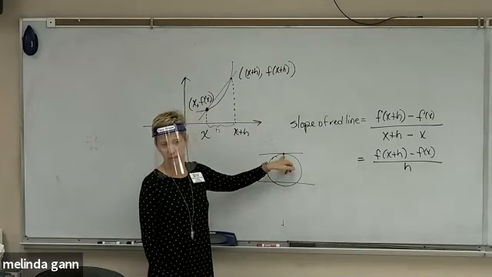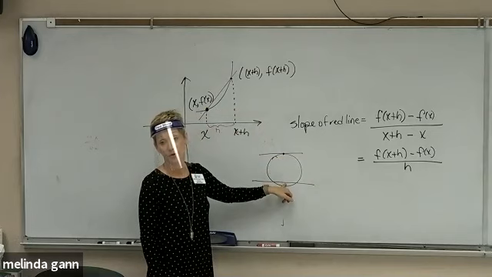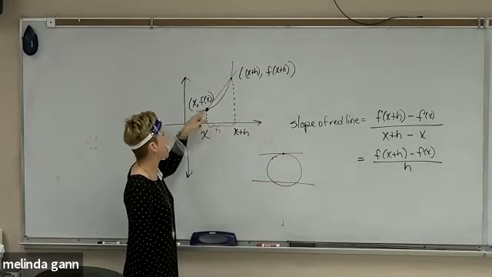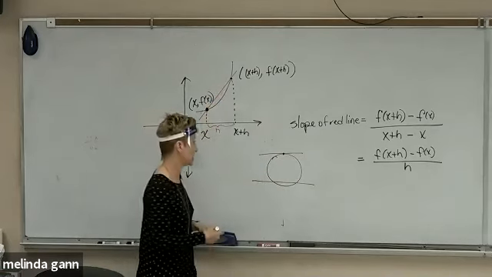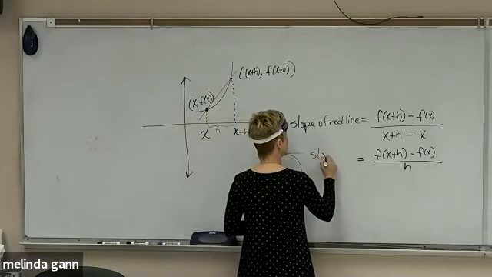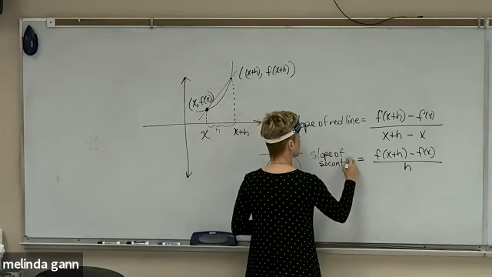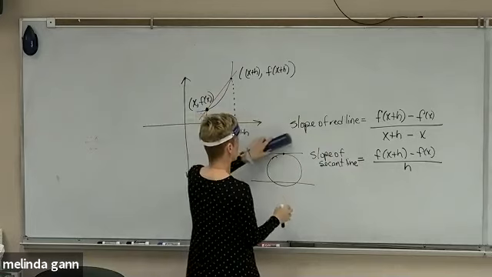It's a tangent. Do you know what it is when it clips it in 2 points? That's a secant. So is this red line a secant or a tangent on this blue curve? It's a secant. So this is the slope of a secant line. So I need you to understand that first.